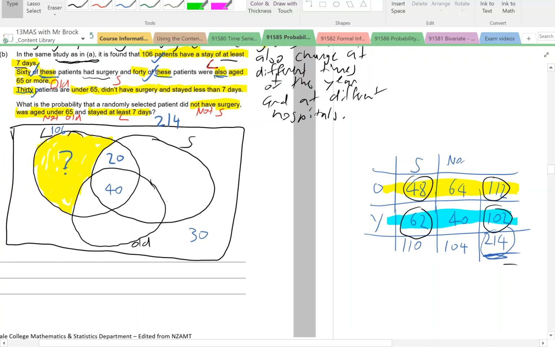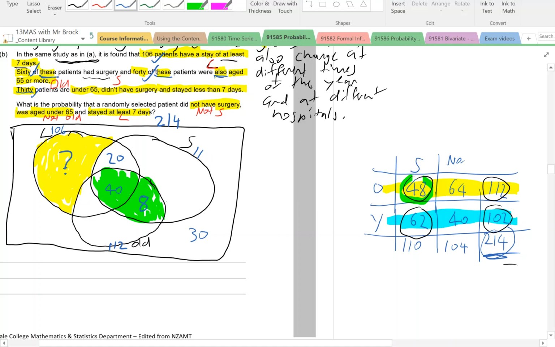There's 112 in the old category, so that means that I can put 112 down here as my old category title, and then 102 outside of that, so that's cool. 110 that had surgery, so 110 goes here, the heading for surgery. What else? We know that 48 were old and had surgery, so the old and the S circles, isn't it? So that's 48, so there must be 8 here.